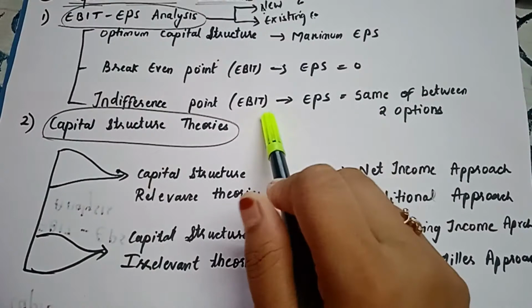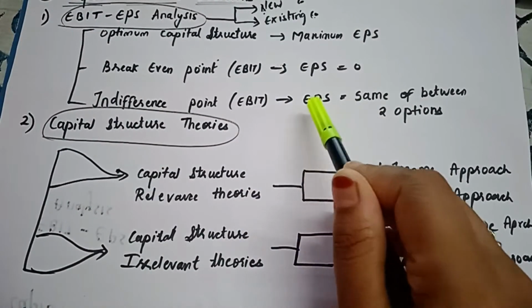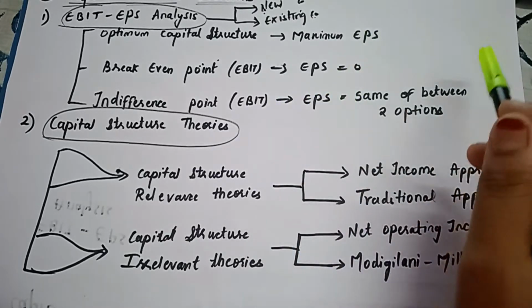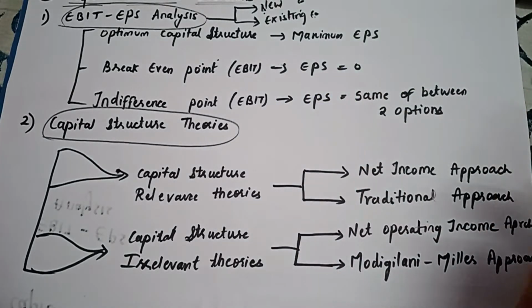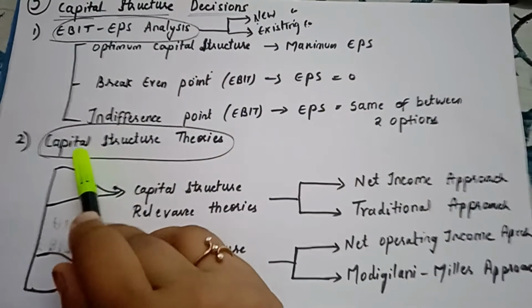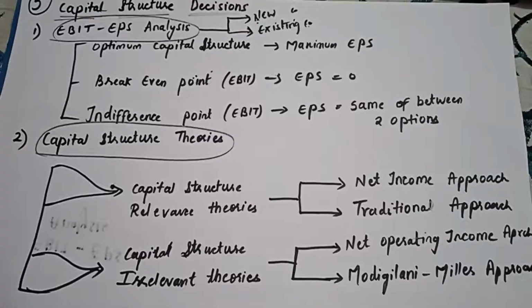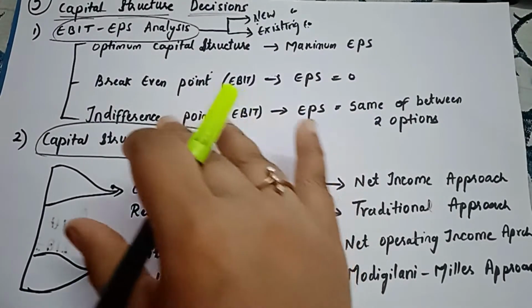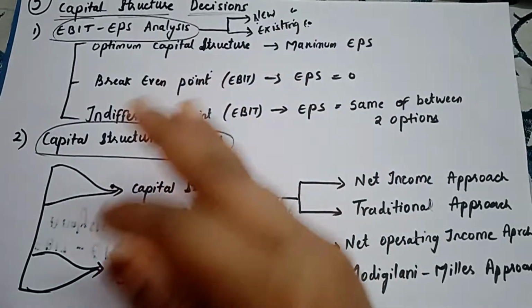Okay, we can easily find out the value per share, the market price of the share, using the EPS and PE model, the price-earnings ratio. Now the next approach we'll be seeing in capital structure is capital structure theories. Here it says that the capital structure will surely affect the value of your company.